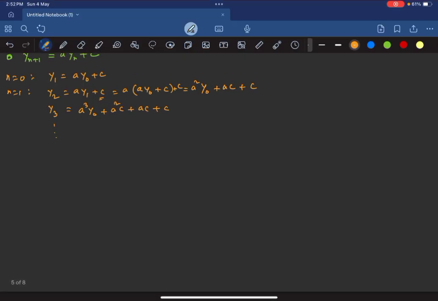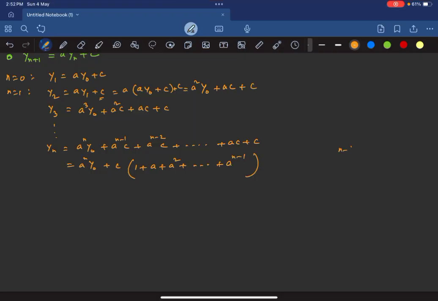Likewise, if you continue, y_n = a^n y_0 + a^{n-1} c + a^{n-2} c + and so on, + ac + c. Now, taking c common, we have a^n y_0 + c(1 + a + a^2 + ... + a^{n-1}). How many terms do you have here?